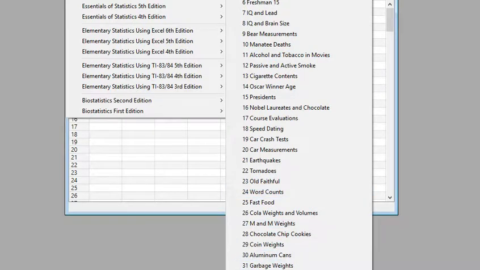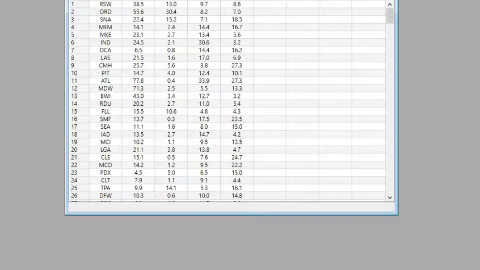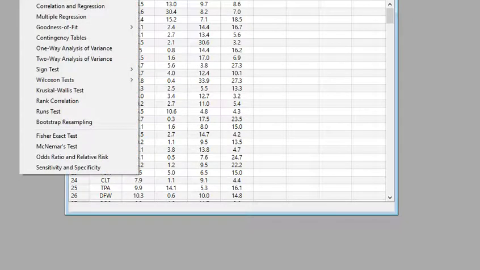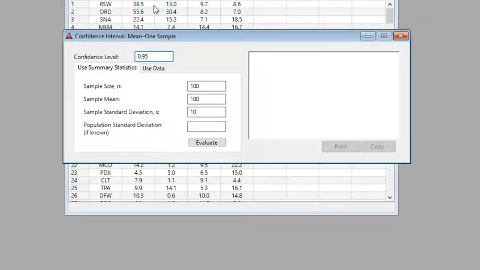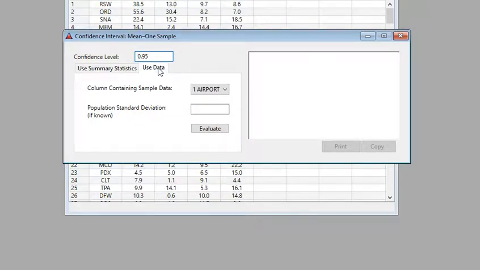So you click this and a whole bunch of data should populate your screen. Nice. If we want a 95% confidence interval for our data here, let's go to Analysis, Confidence Intervals, Mean One Sample. And again, click Use Data, because that's what we want. We want to use our data.